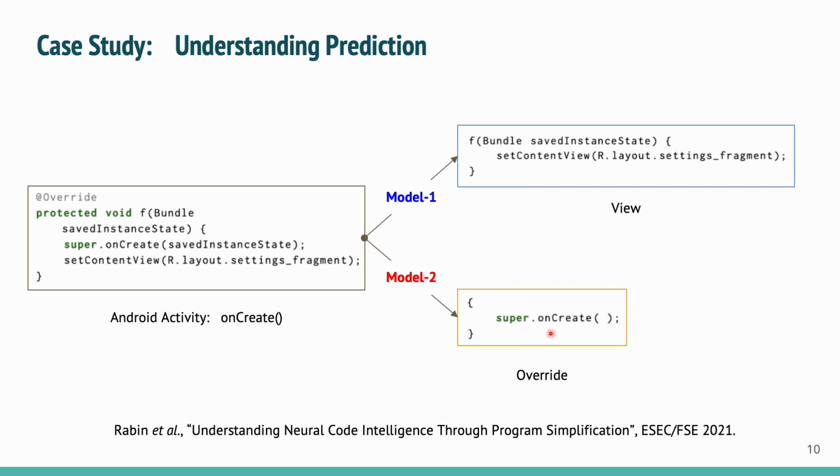While another model relies only on the override name leakage to detect the onCreate function. Therefore, by observing the reduced program, we can understand what features a model is actually using from the input program for making its target prediction.